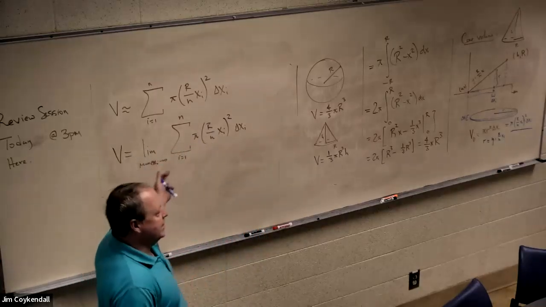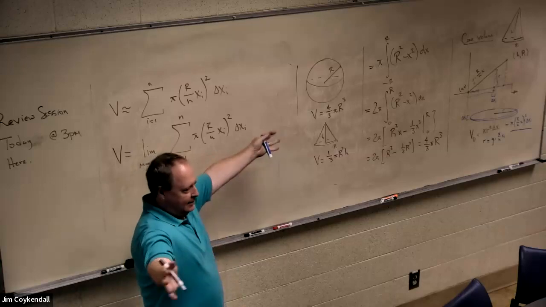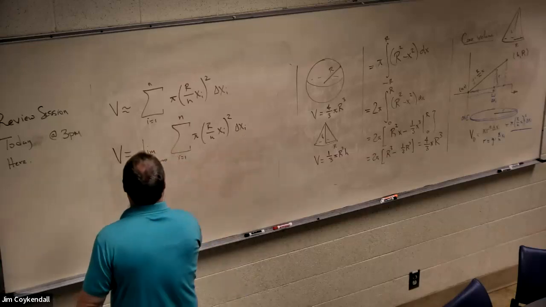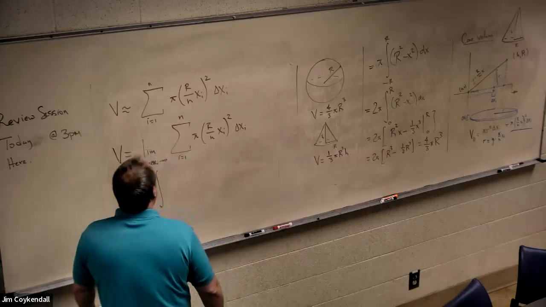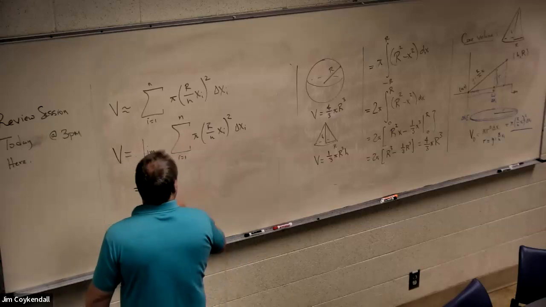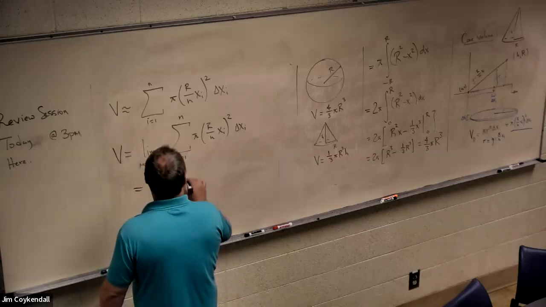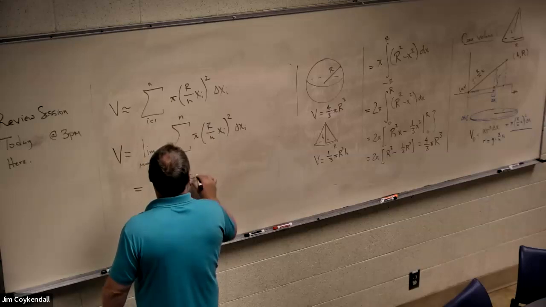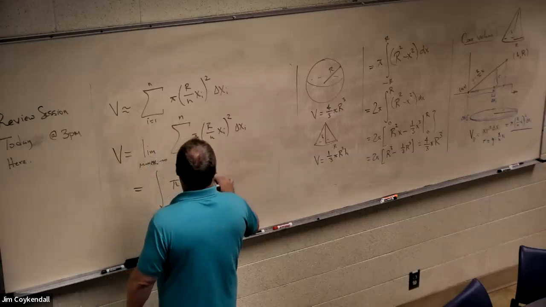And what does the limit of Riemann sums become? An integral. This is the integral from, well, we'll get to that moment, of pi times r over h x, quantity squared, dx.